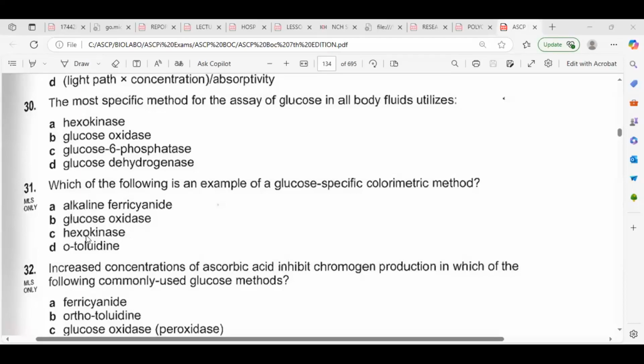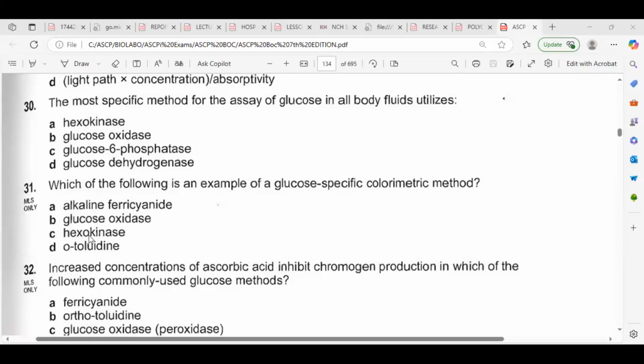Hexo is just hexose. It deals with hexose sugars. Hexose sugars are fructose, galactose, glucose, all of them are hexose. So that's why it is not specific for glucose. That's what distinguishes hexokinase from glucose oxidase.